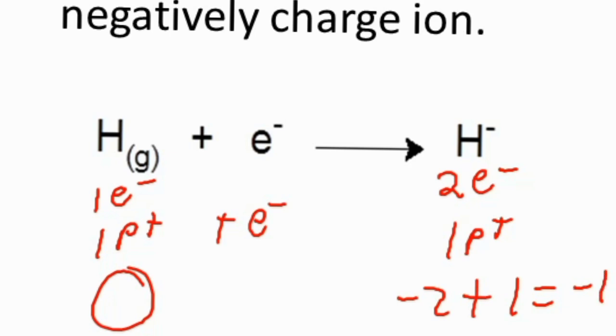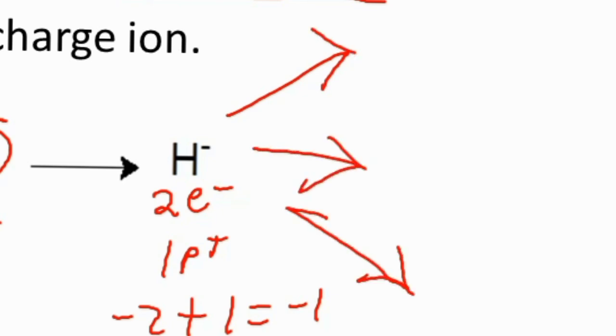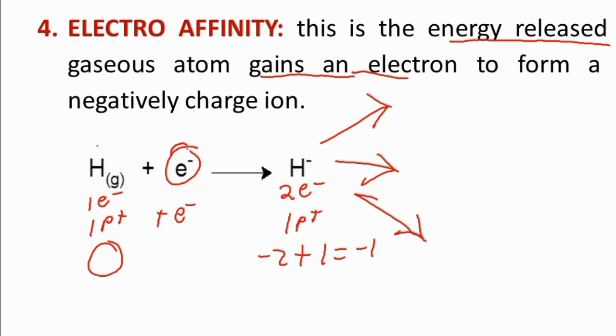So it becomes a -1 charge. The energy that is given off when one mole of a gaseous atom gains an electron is what we call electroaffinity.